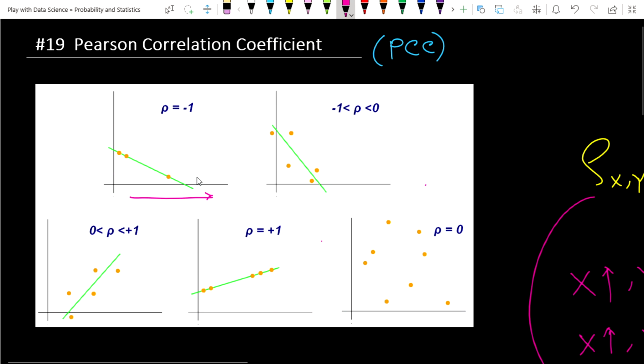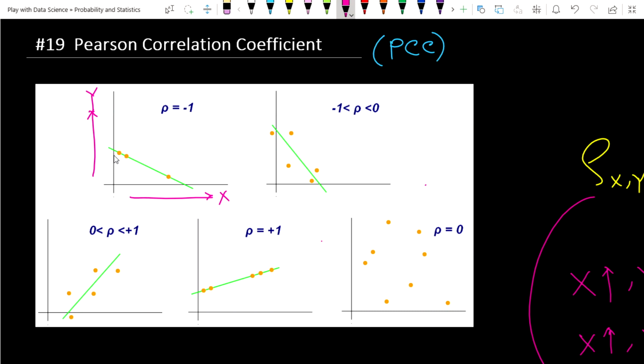In this picture, this is the x random variable and this is y, and these orange points are the scatter points. The orange points lie on a proper line.